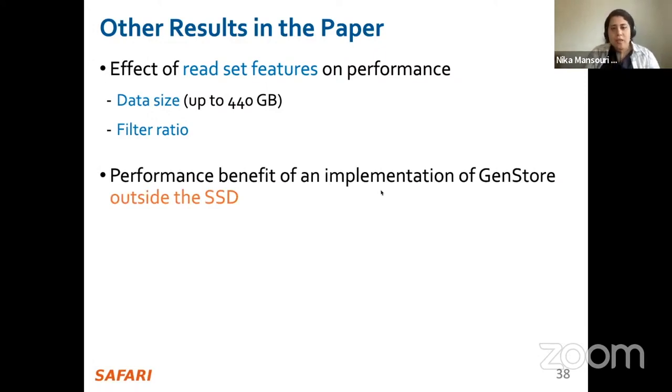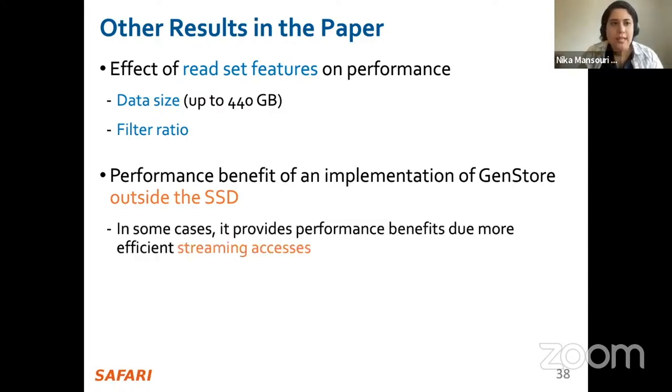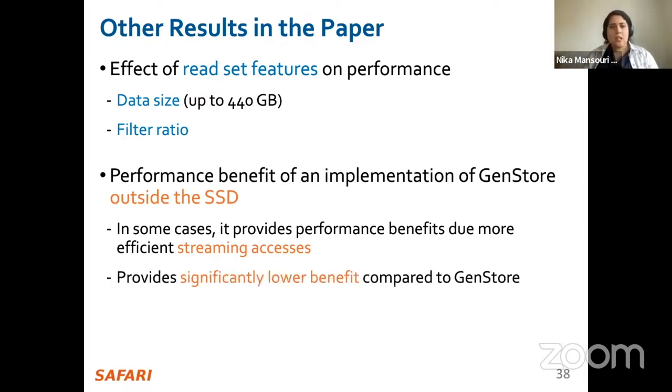Then we have performance benefits of an implementation of GenStore outside the SSD. Because we have different optimizations, right? We wanted to see how those would perform if you have them outside the SSD. In some cases, it provides performance benefits due to more efficient streaming accesses as opposed to random accesses to the index.